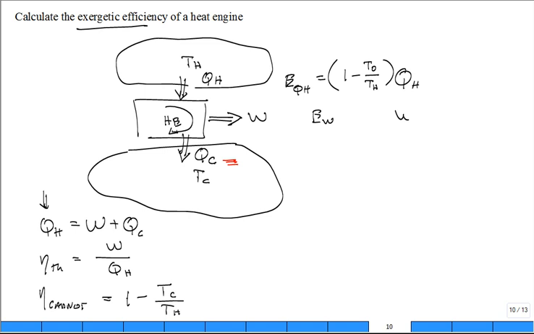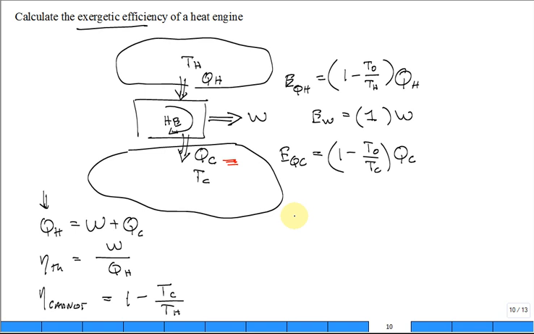It's proportional to W. What is the constant right in front of that? 1. It's a 1-to-1. Work is in the energy form that we want, right? Okay, what is the exergy that goes out with the heat at the cold? 1 minus T naught over Tc times QC. Okay, so those are the exergy flows. True? All right.